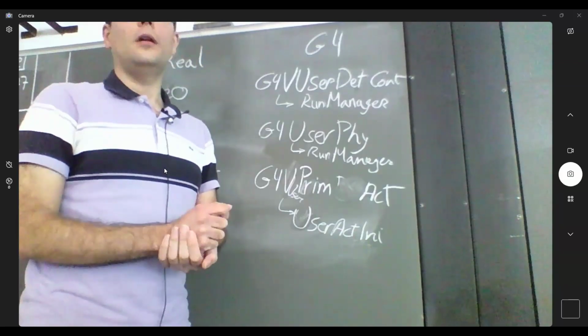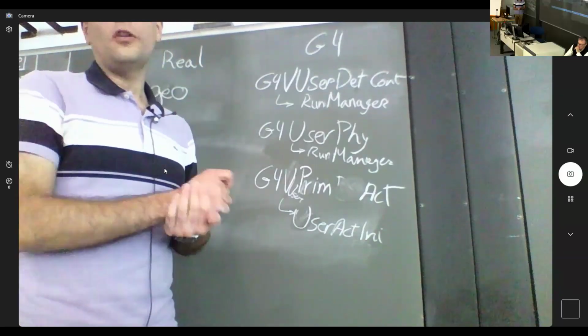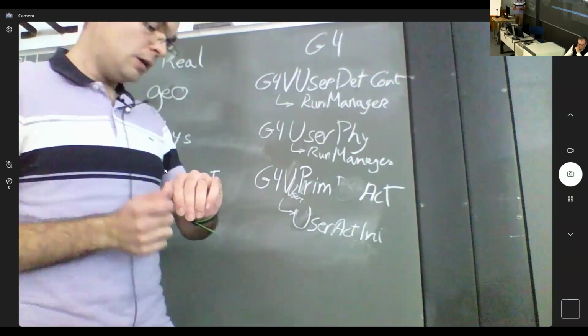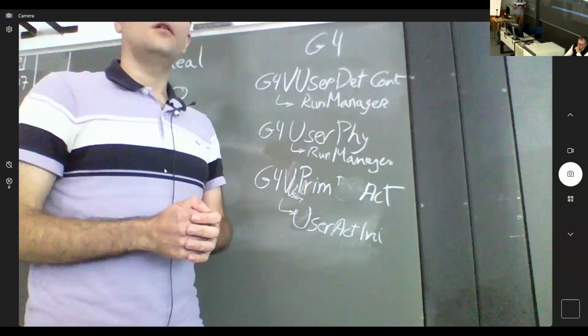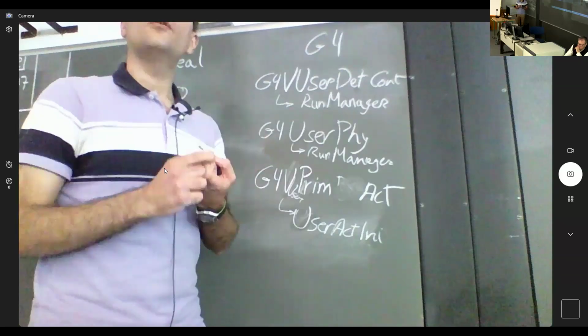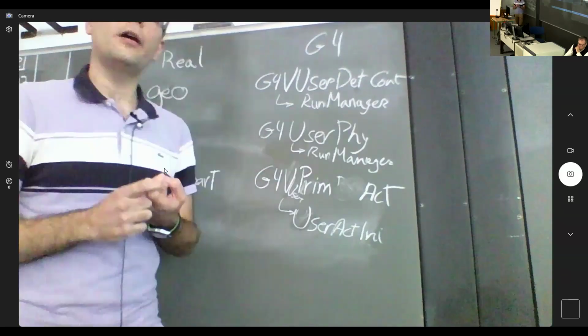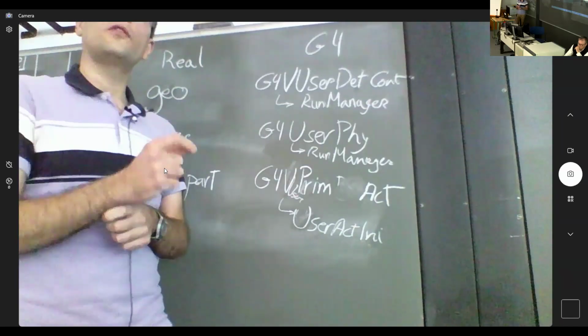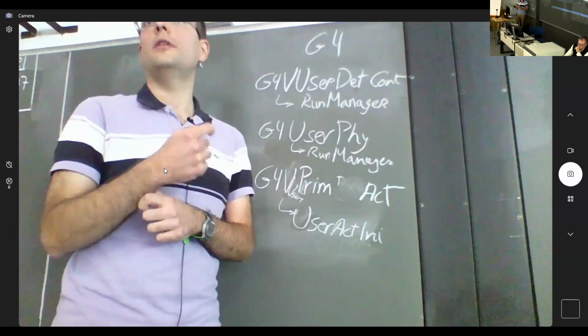Basically, in this method, you will see on Wednesday how we will tell what the primary generators are. In our application, it will be an electron going in a fixed direction with a fixed energy. So at the beginning of each event, we will be generating that.